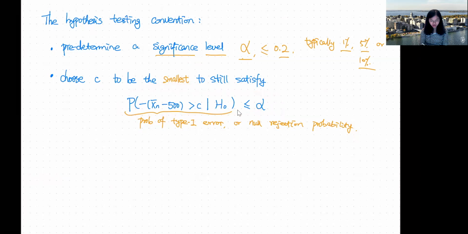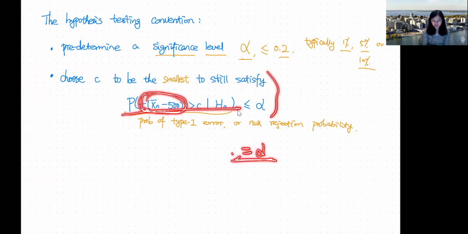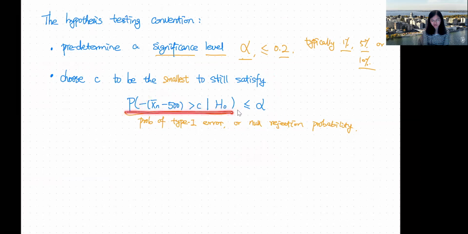Typically, although not always, this will require the probability of type 1 error to be equal to alpha. And that's the case whenever the distribution of this random variable is continuous. Whenever the distribution of this is continuous, this requirement will imply the probability of type 1 error equals alpha.